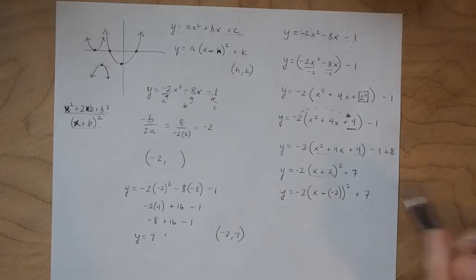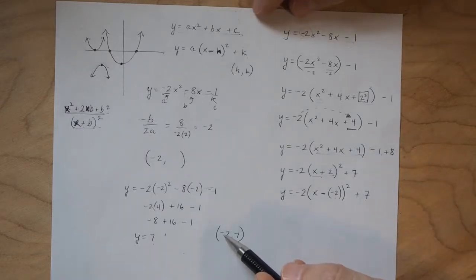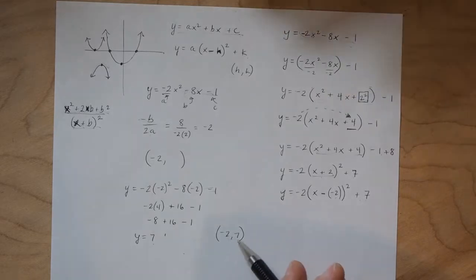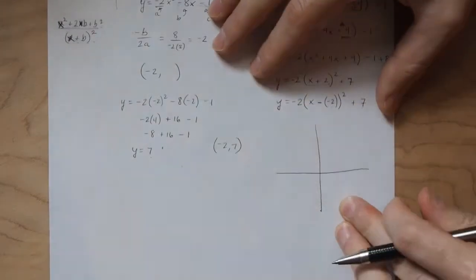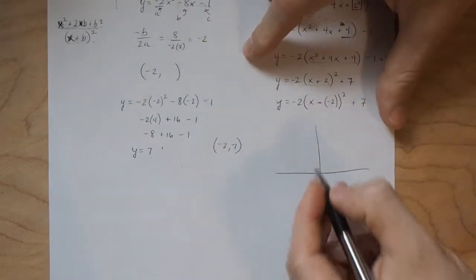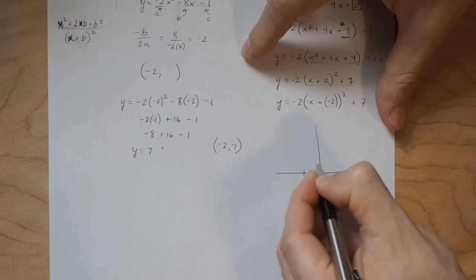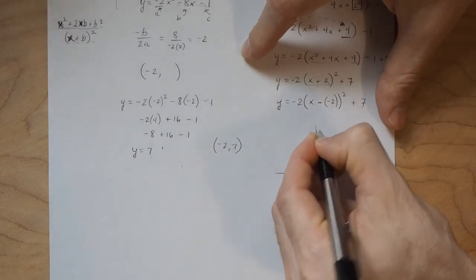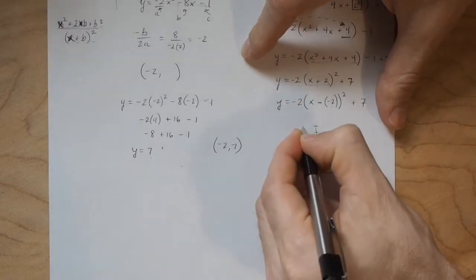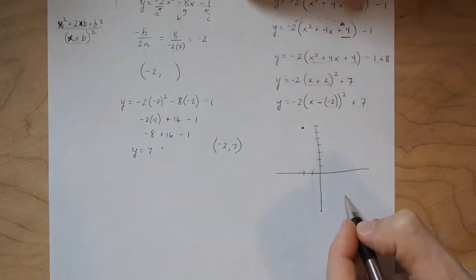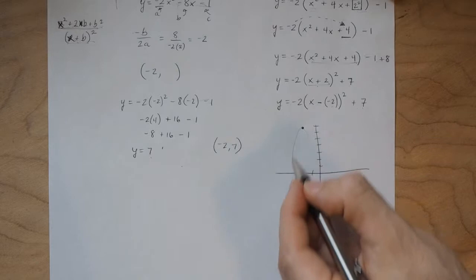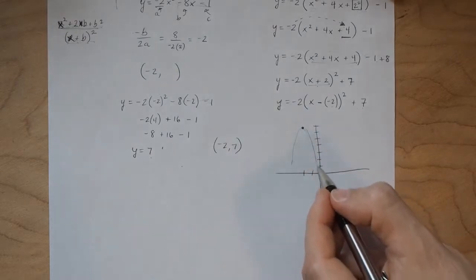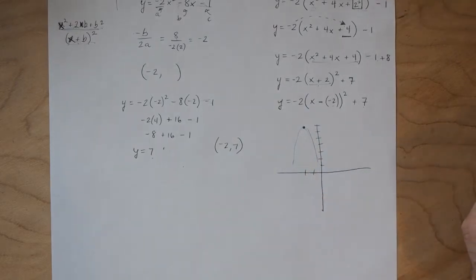It does cross the x-axis twice because the vertex is above the x-axis, and I know this goes down. So if I plot -2, 7, okay, that's where the vertex is, and I know this parabola folds down. So it's going to be something like this. And so it does cross the x-axis somewhere.